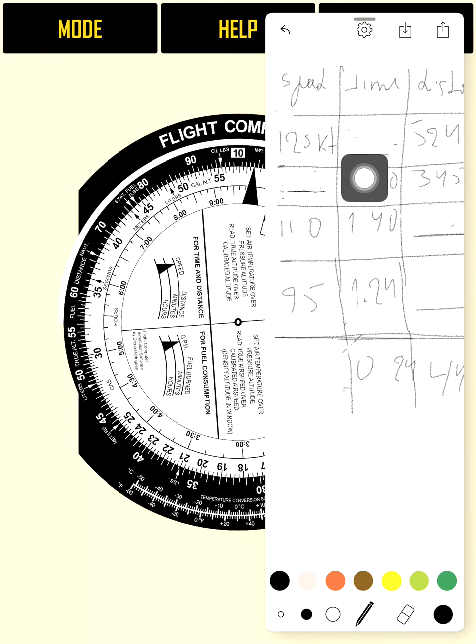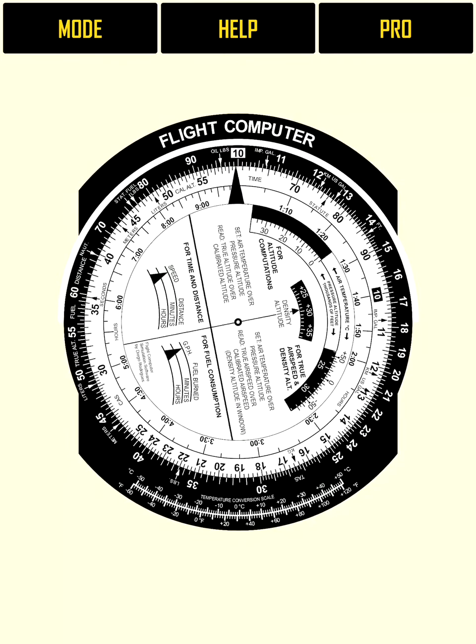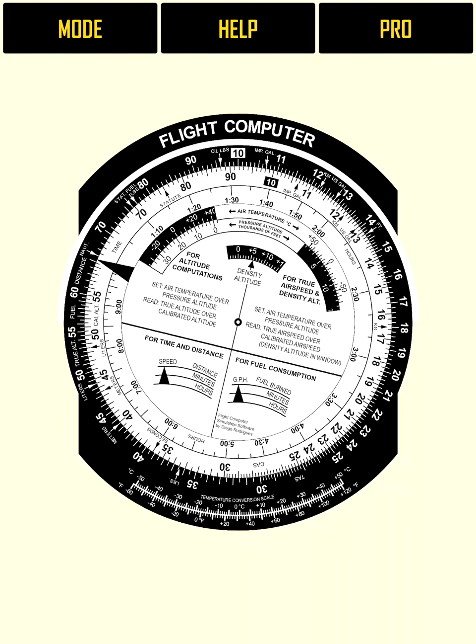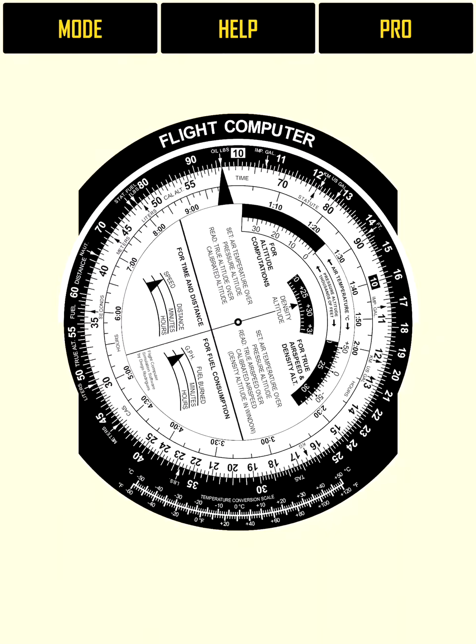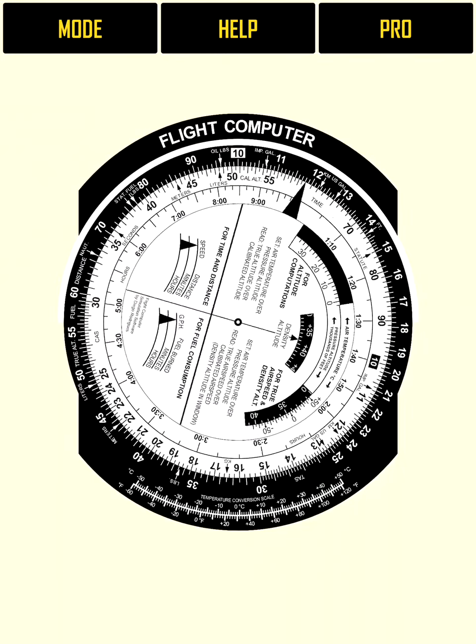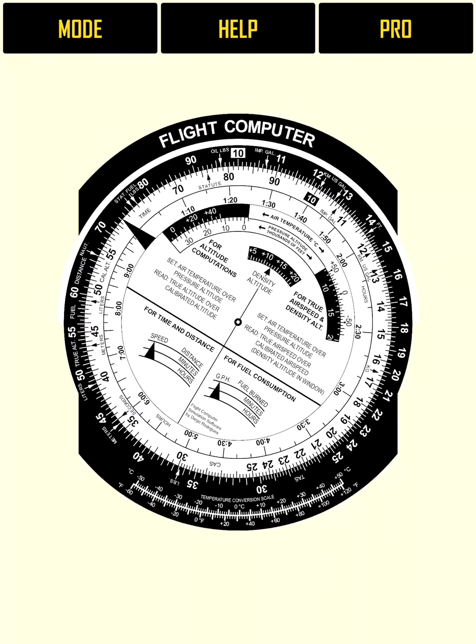How long is it going to take us to get there? I want you to write those numbers down, and then we go to the E6B. We have this old version of the E6B, not the sliding one, the twisting face one.